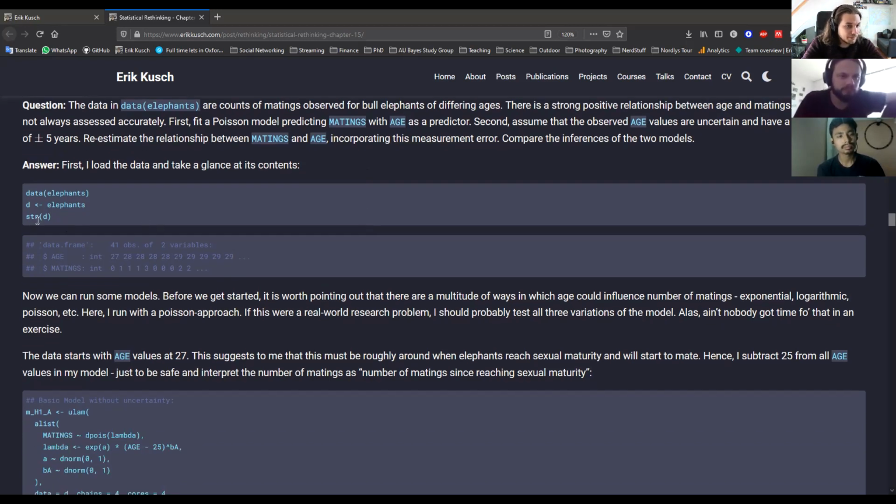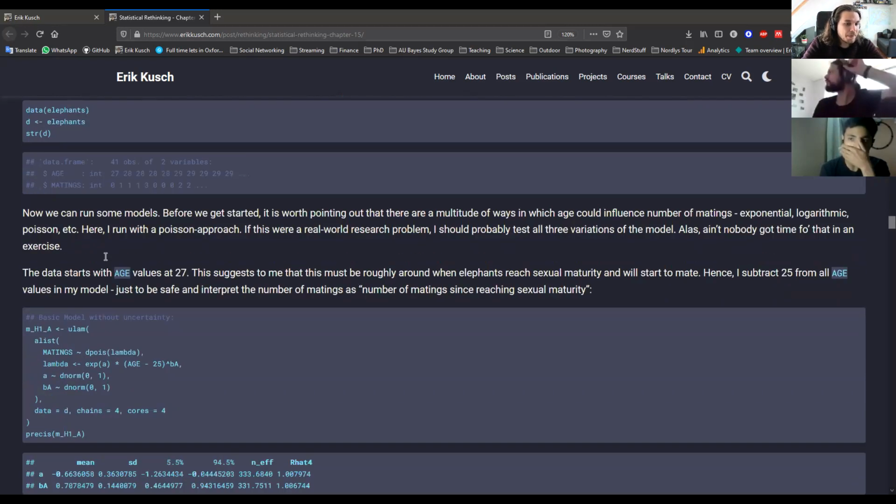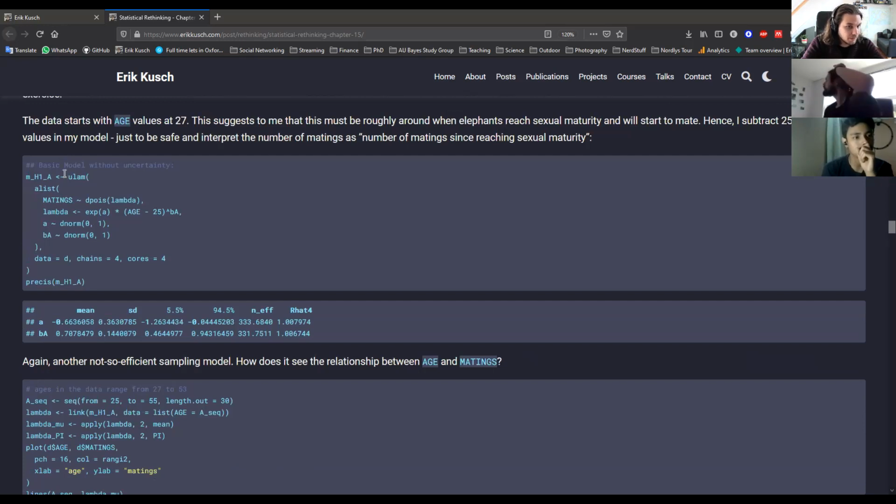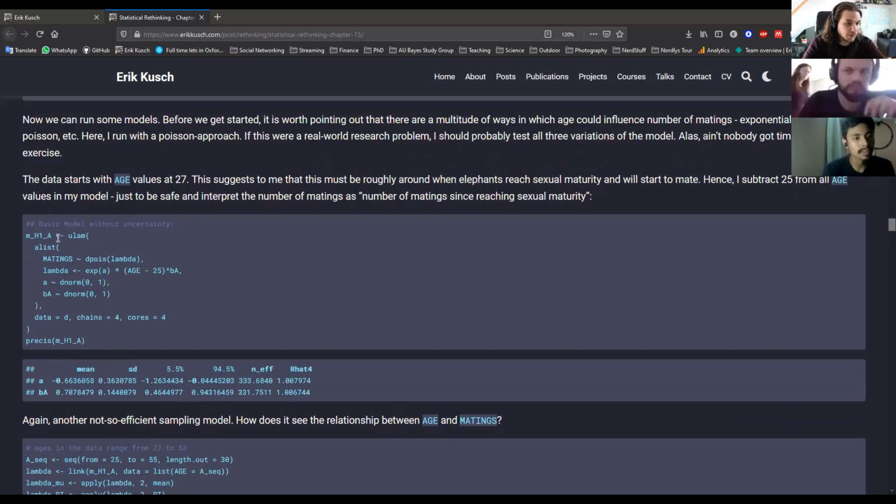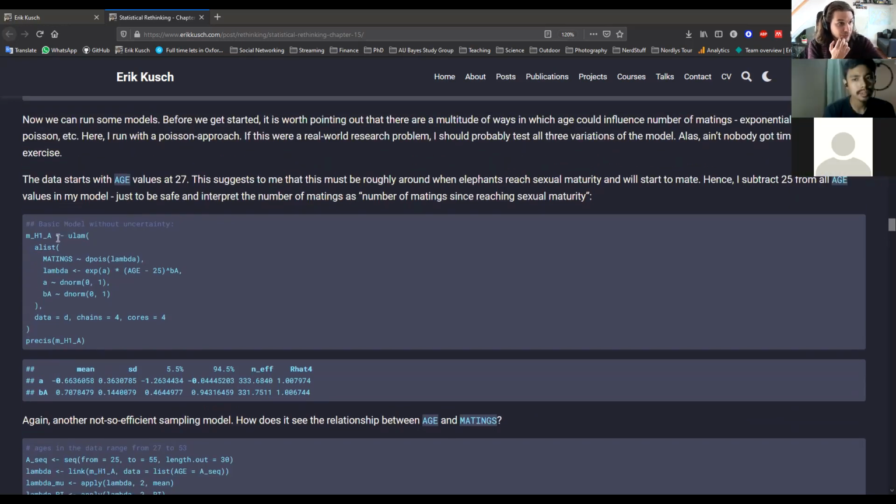So I just load the data. I quickly look at the data, and then I build my first model. In this first model, there's one thing that is important to point out, and that is that I subtract the value of 25 from each individual age, because looking at the data set, the lowest age that is recorded is 27. So I assume that must be sometime around when elephants mature sexually.